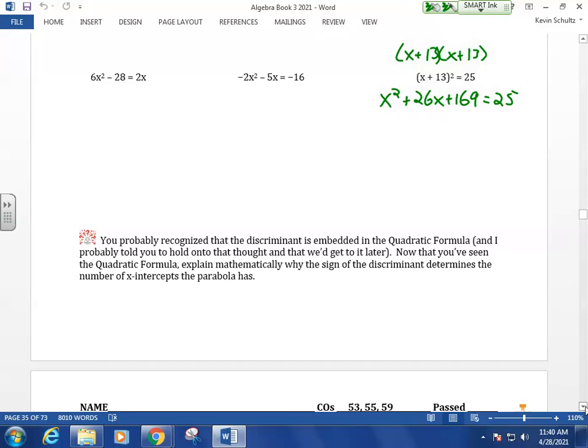But in order to use the quadratic formula, our equation has to equal 0, just like any other time when we want to get the x-intercepts. So we're going to move that 25 over, and that's going to give us x squared plus 26x plus 144 equals 0. And now you can get to the quadratic formula from there.